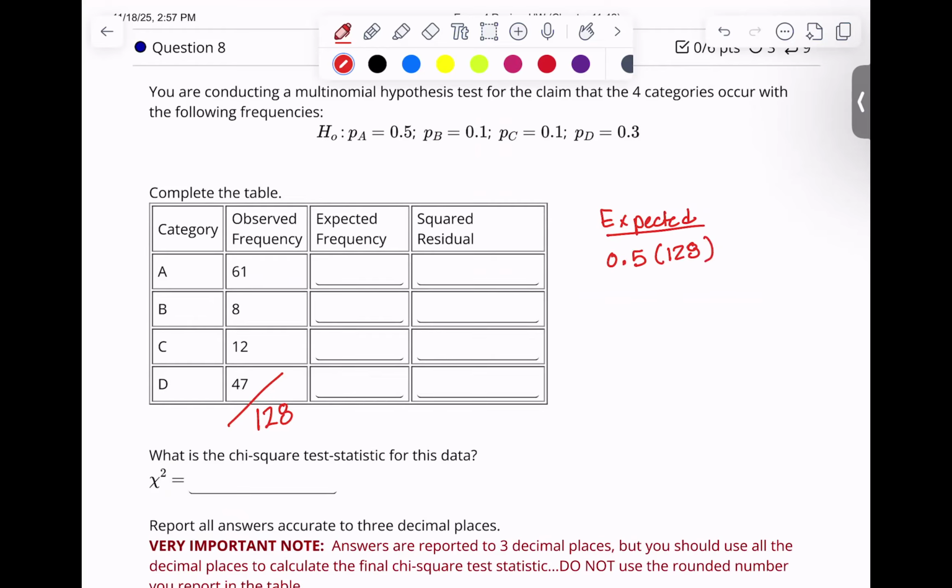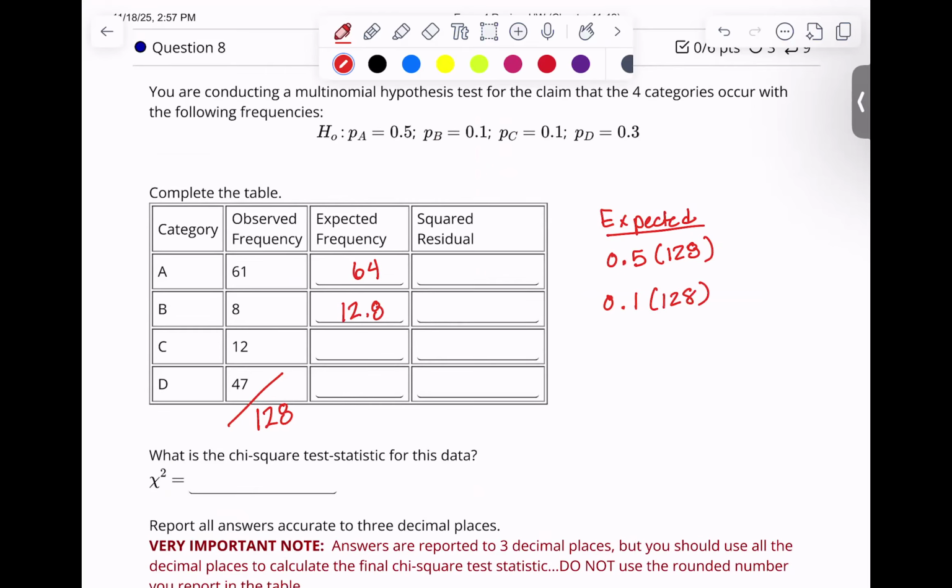So we multiply our total frequency by a half and we get 64. The second category B, we expect it to occur 10% of the time. So we take 10% times the 128 and we get 12.8.